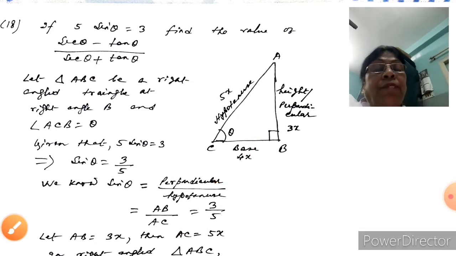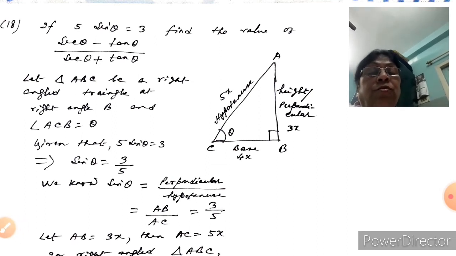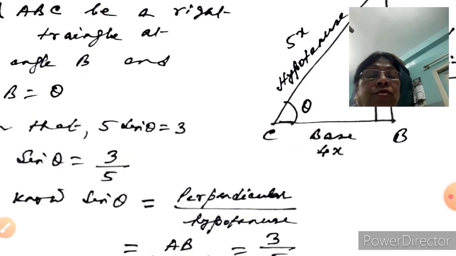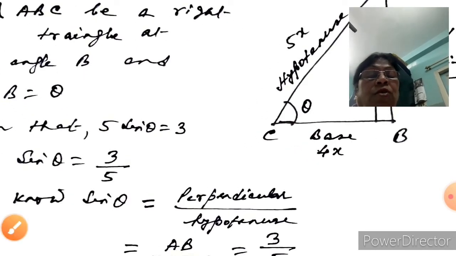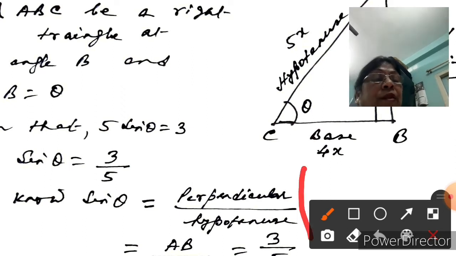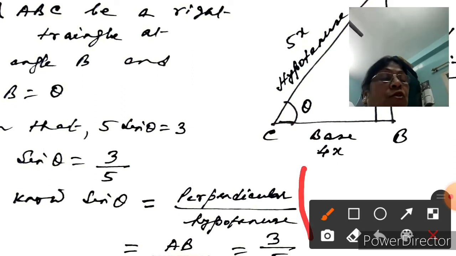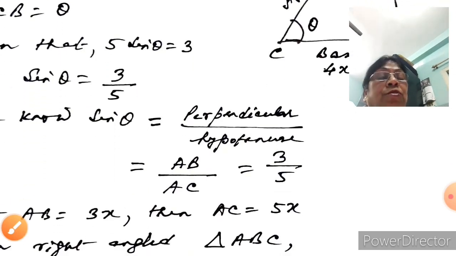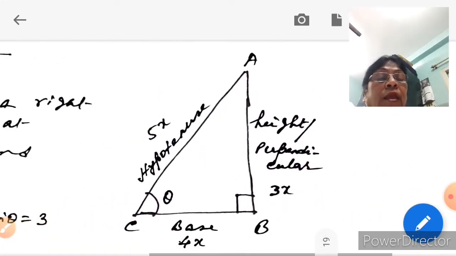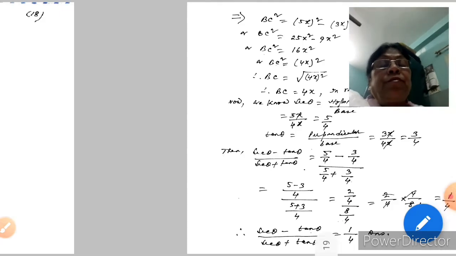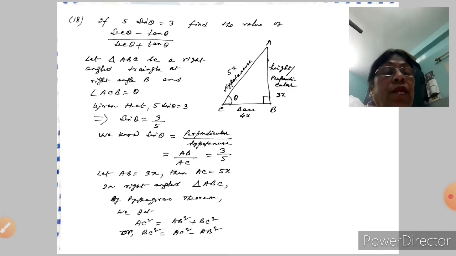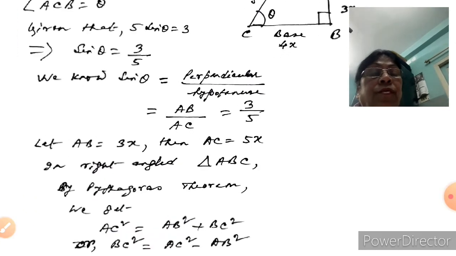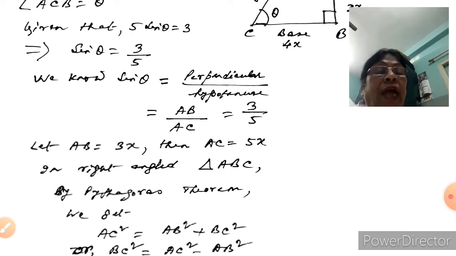Given that 5 sin theta is equal to 3, so sin theta is equal to 3 by 5. We know sin theta is equal to perpendicular by hypotenuse. The perpendicular here is AB, AC is the hypotenuse, so AB by AC is 3 by 5. So, let AB be equal to 3x, then AC is equal to 5x.